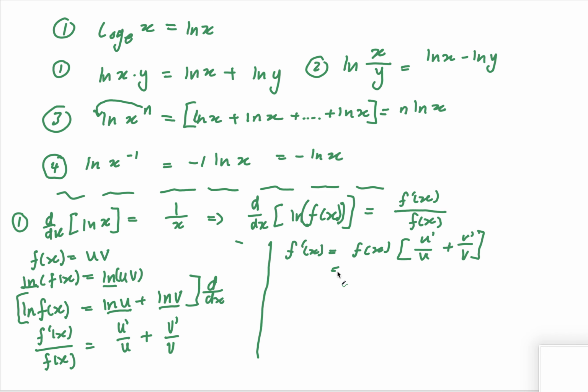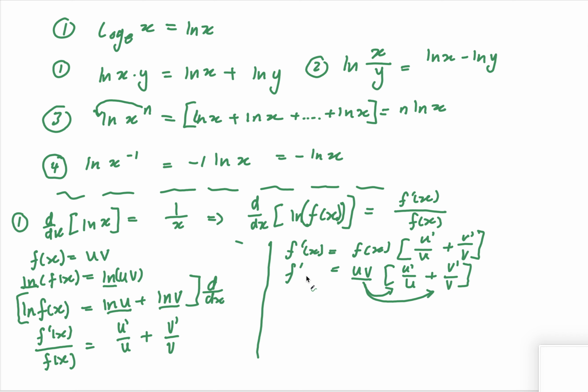And then now we just simply put in uv here, times u prime over u plus v prime over v. And now we multiply this one in there to simplify it.